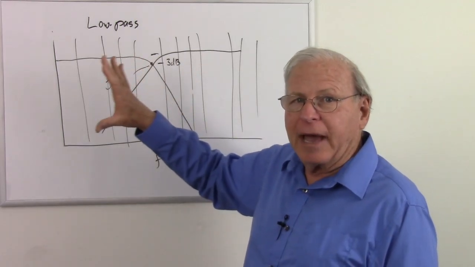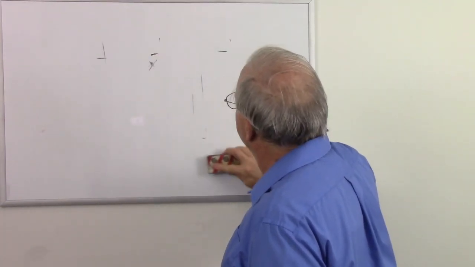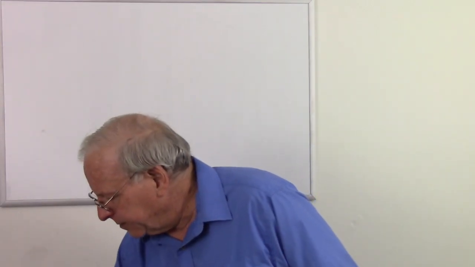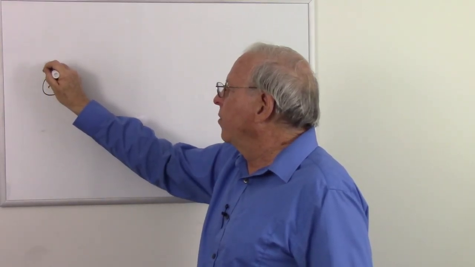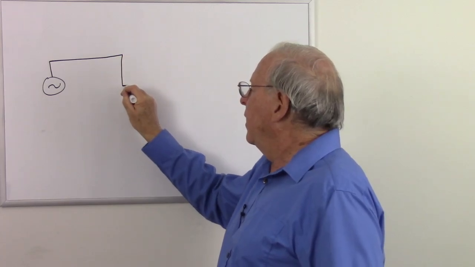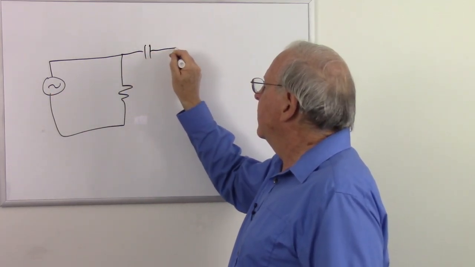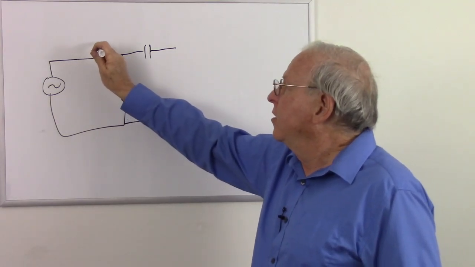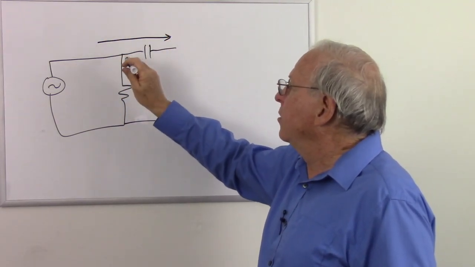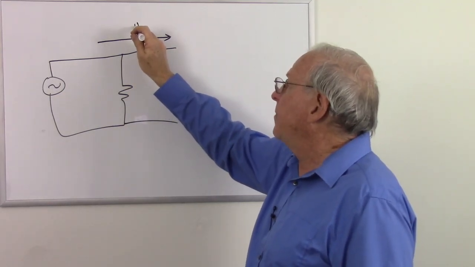If the capacitor, once again, let me redraw this real quickly. Here's our AC source. So if our capacitor is in line or in series with the signal, remember, high frequencies go through the capacitor, so that's a high-pass filter.